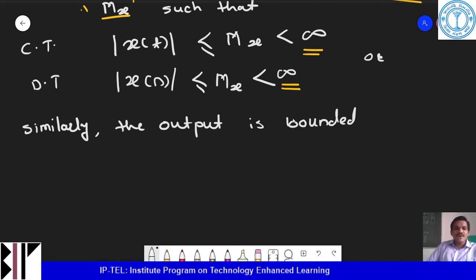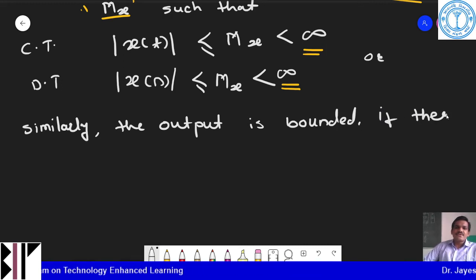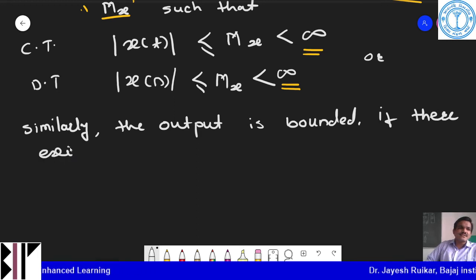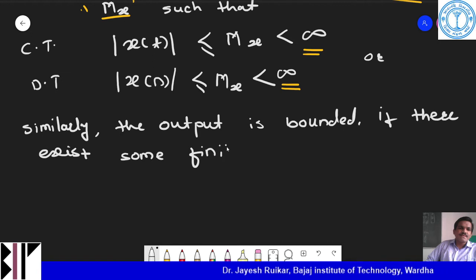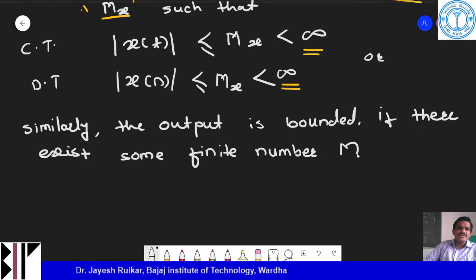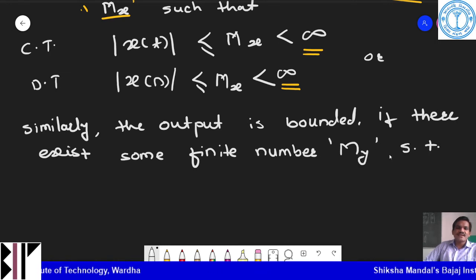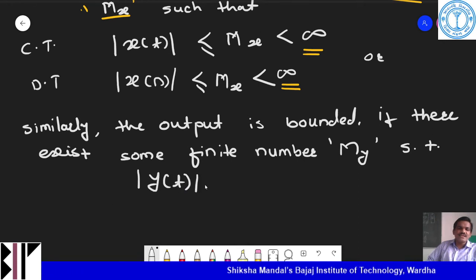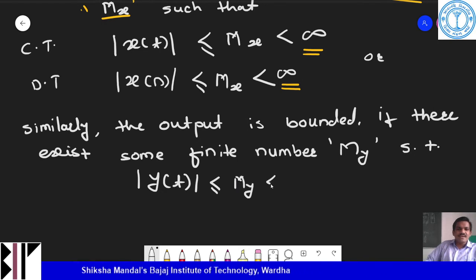Similarly, the output is bounded if there exists some finite number, let us call it My, such that the magnitude of y of t is less than My, which is less than infinity.